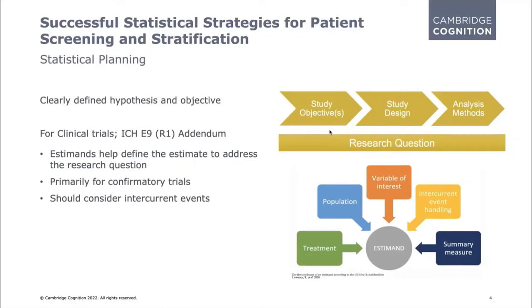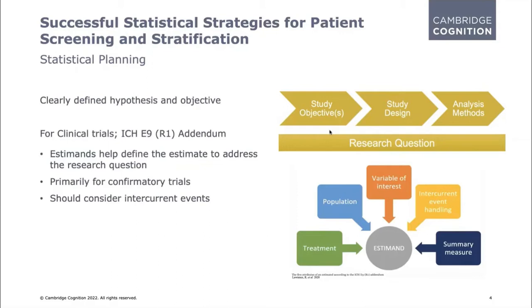So the objective really should tell us about who we're interested in studying, what is our population of interest, what is the estimate that we want to generate as part of our endpoint, and also what do we need to measure in that particular population.